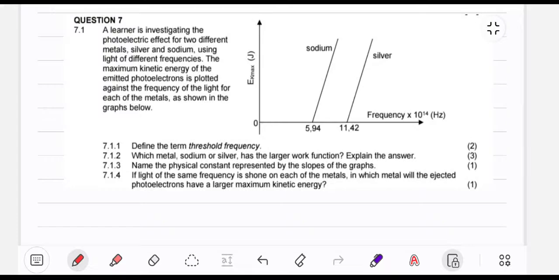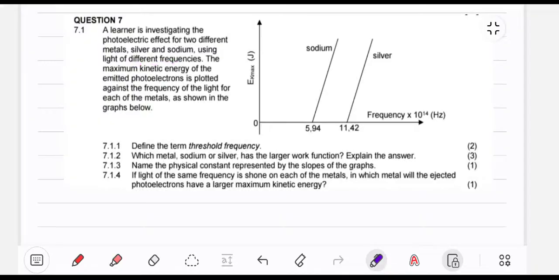as a consolidation. So here we have question 7. A learner is investigating the photoelectric effect for two different metals, silver and sodium, using light of different frequencies.